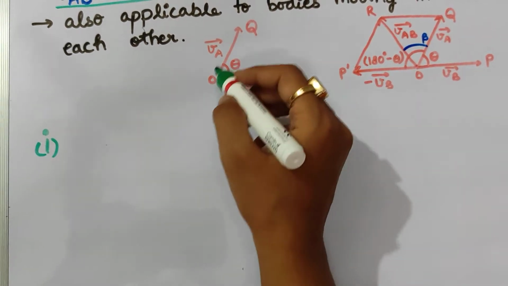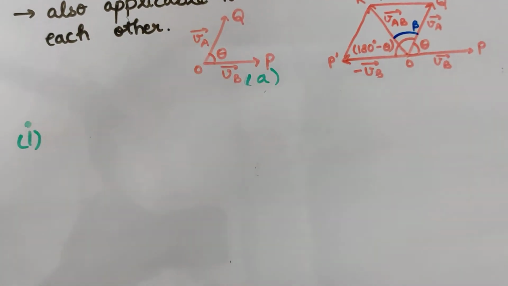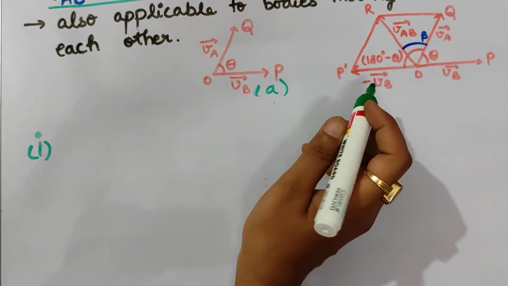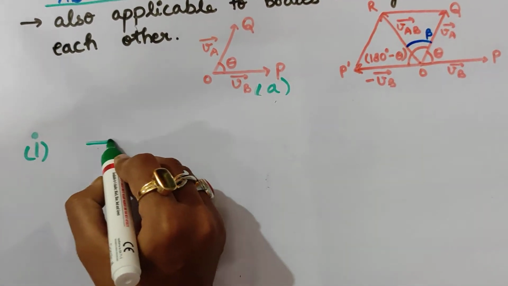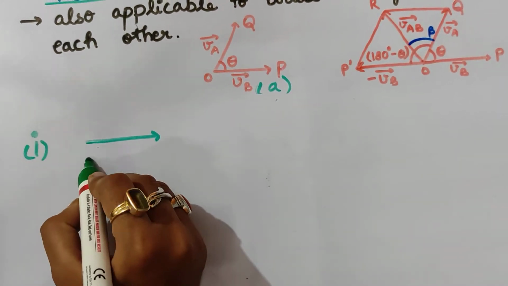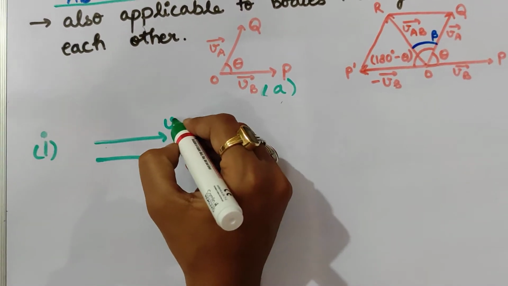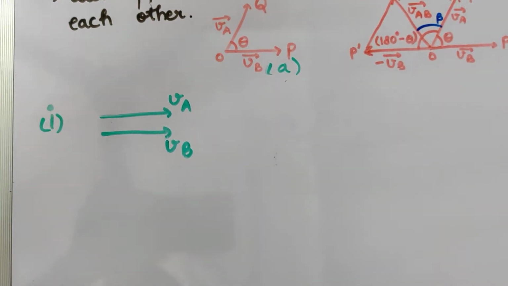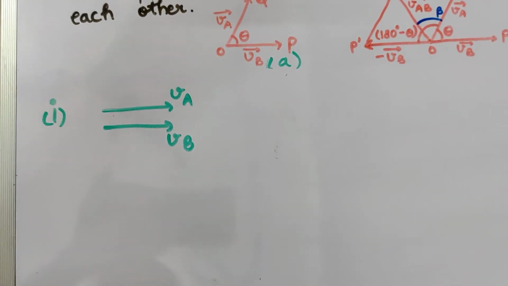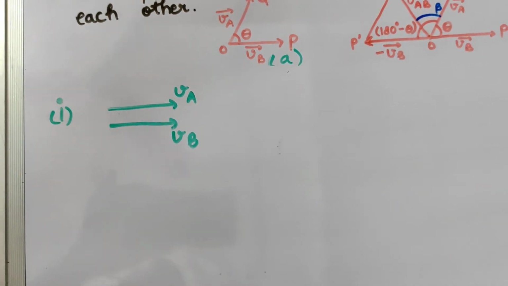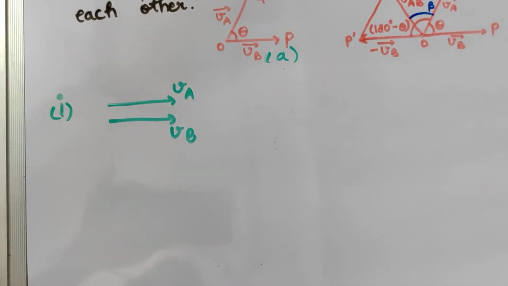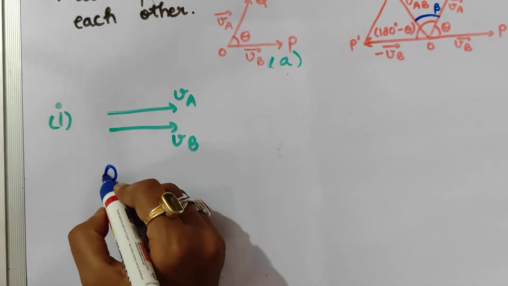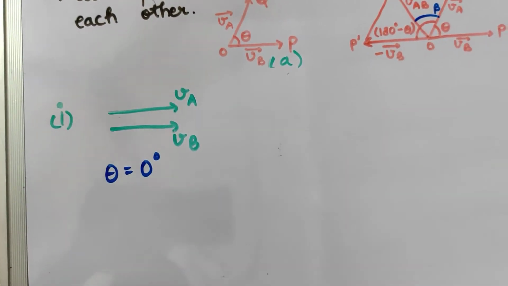Now in this case VA and VB were inclined at an angle theta with each other. Now they are saying that VA and VB are parallel to each other, and they are going in the same direction. So what will be the angle between these VA and VB? Theta will be equal to 0 degree.